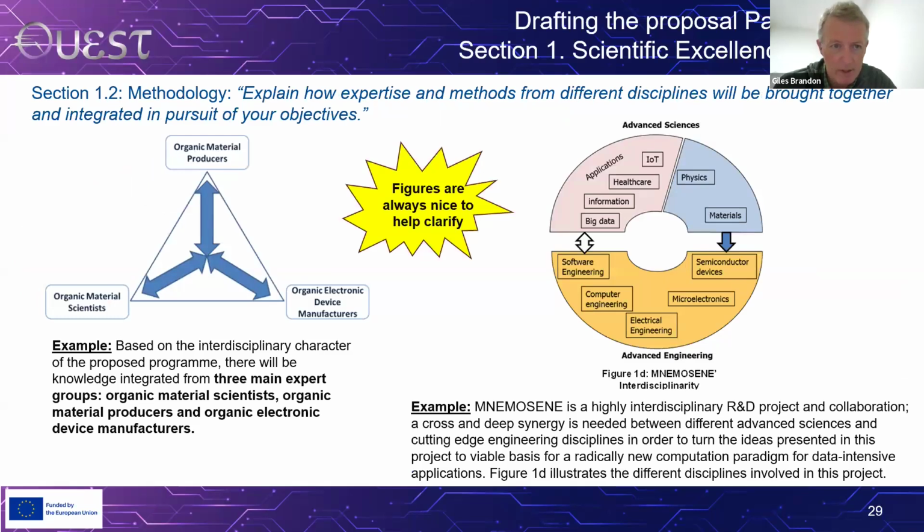Scientific excellence still, methodology. The standard application form talks about explaining how expertise and methods from different disciplines will be brought together. It's nice if you can come up with some kind of simple figures to help convey this. These are just two examples. The one on the left was from a Marie Skłodowska-Curie Action RISE project called MEGA, which I was involved with for many years.